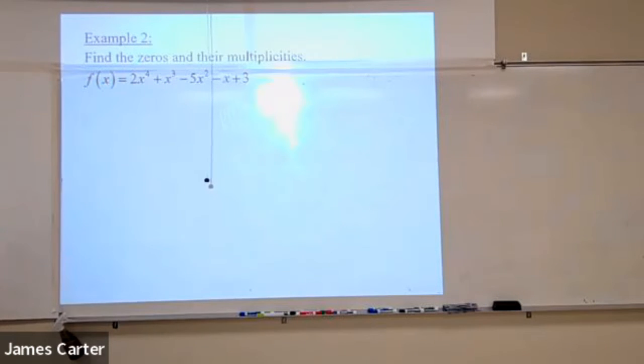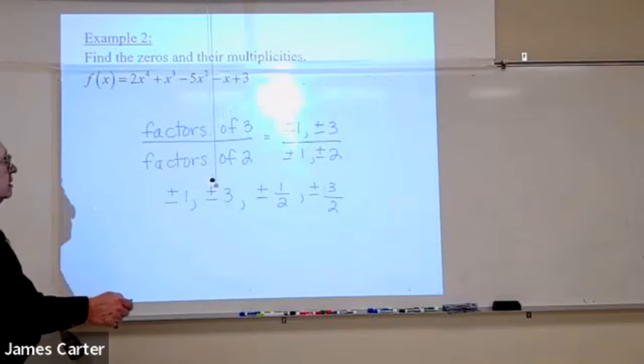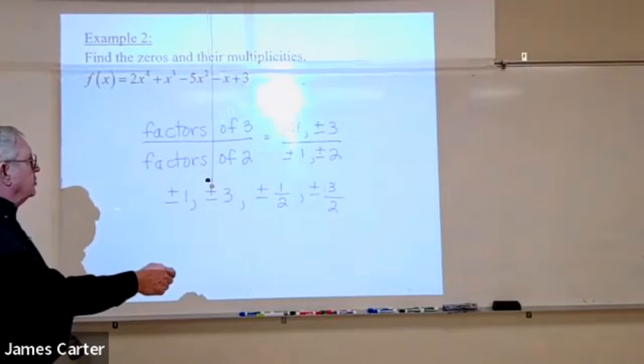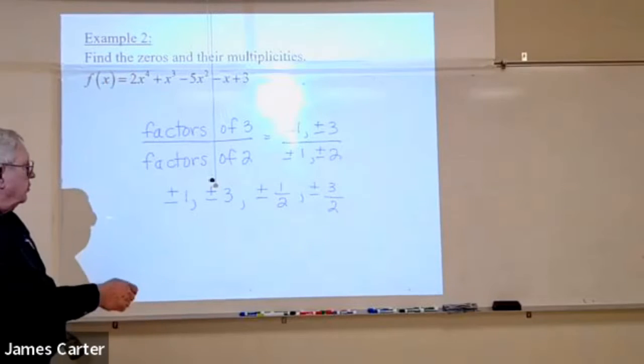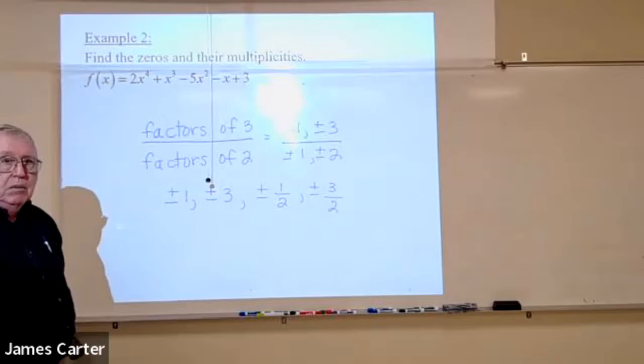This is close to what we just did. Here are the factors of 3, the factors of 2, and all the possible factors. Same process we used last time. We took these, one's a non-player, so then we had 1 over 2 and 3 over 2. So those are all the possibilities you could use in this problem.